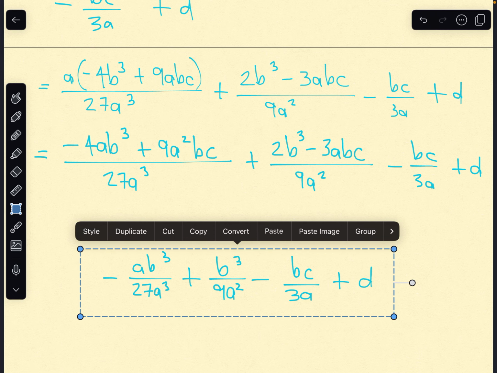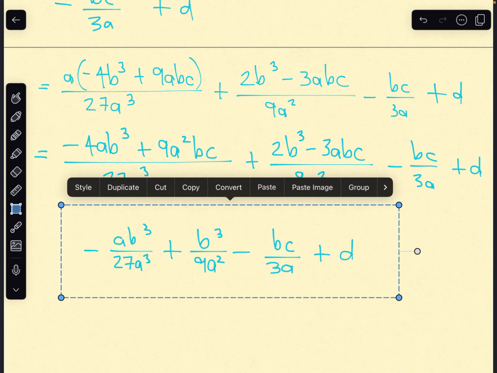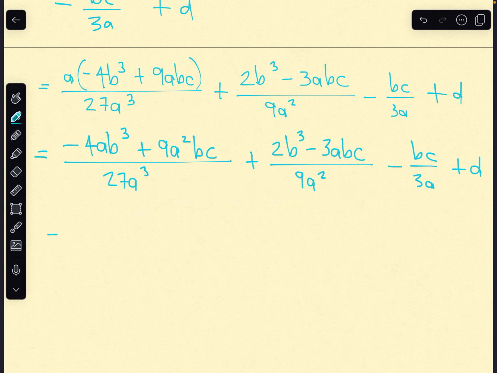Since these ones are already here, I'm not really going to be concerned about them. I'm going to be concerned about these guys, so I'm going to put these ones over a common denominator of 27a cubed. That means I need to times top and bottom here by 3a.